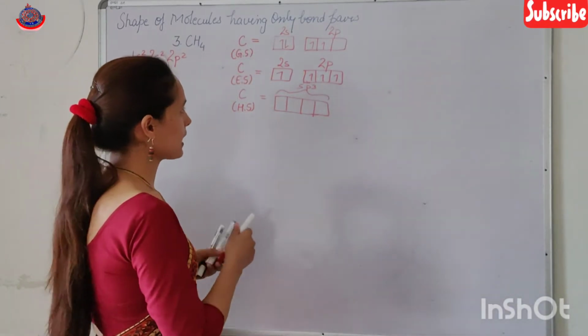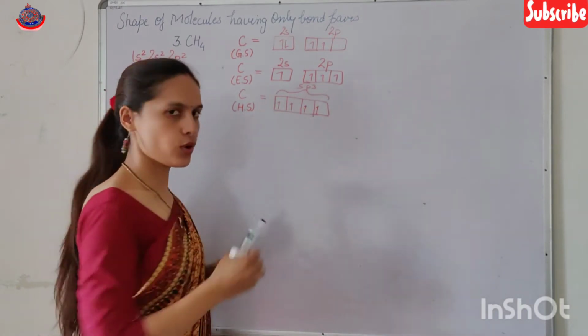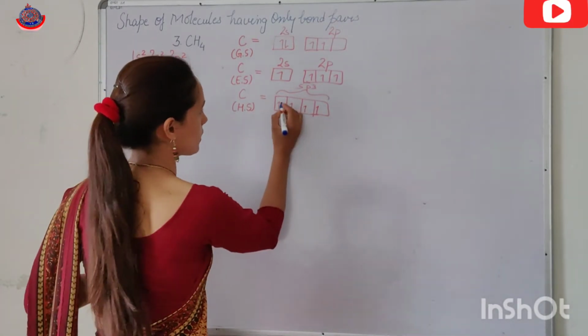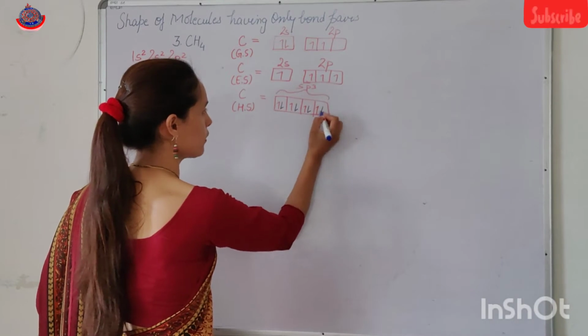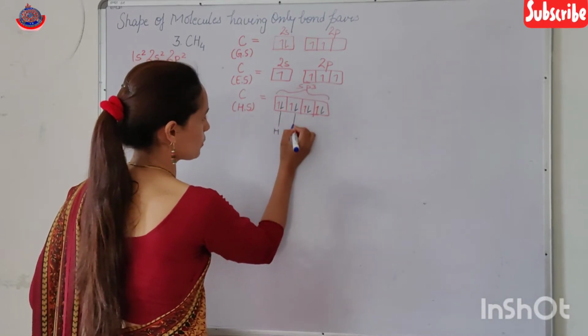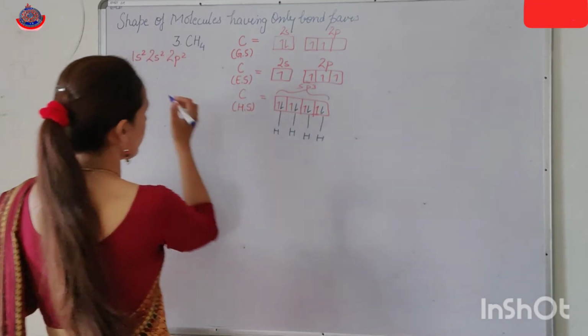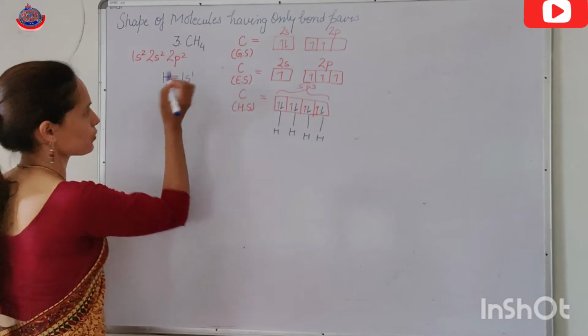Now if I fill the electrons 1, 2, 3 and 4, then when hydrogen approaches, first hydrogen, second hydrogen, third hydrogen and fourth hydrogen. Now, if I write the electronic configuration of hydrogen, it is 1s1.